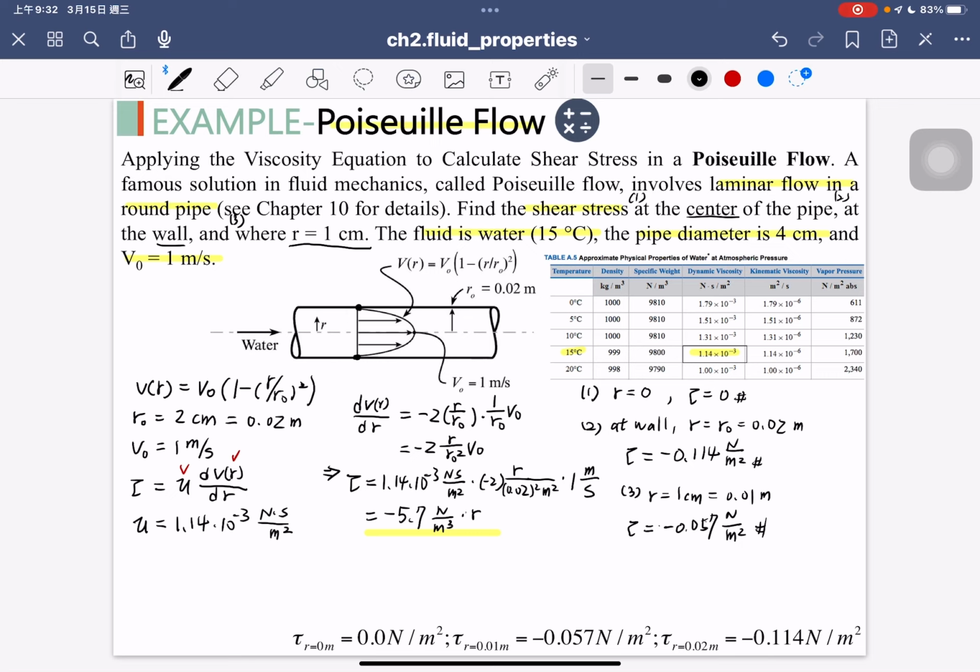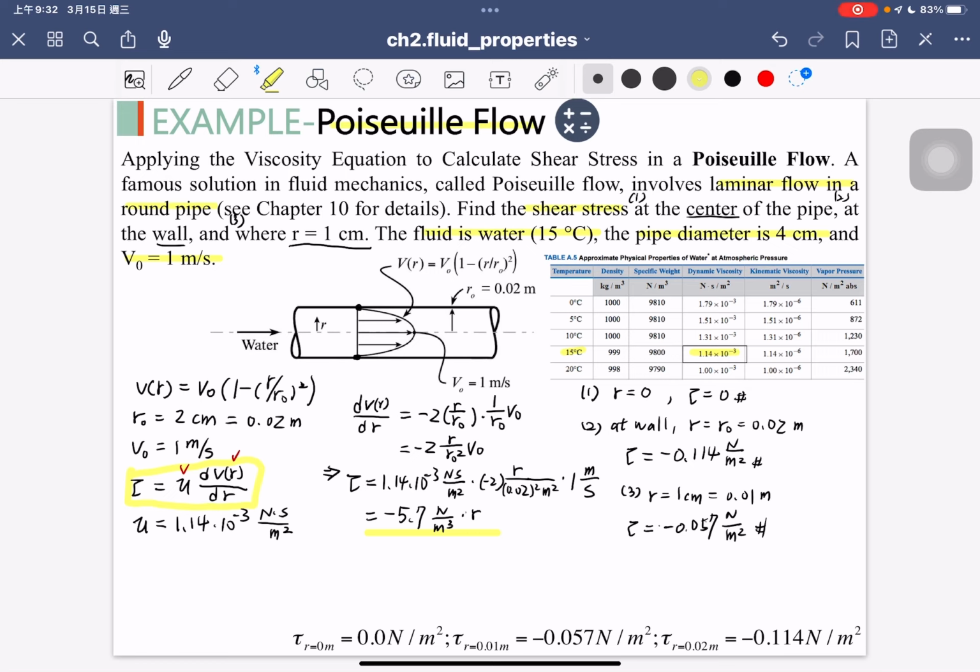We based on the viscosity equations, okay, showing here, and the major knowledge in here. If we don't know the velocity, how can we calculate the shear stress? So we should know the velocity first, and then we can calculate the shear stress.